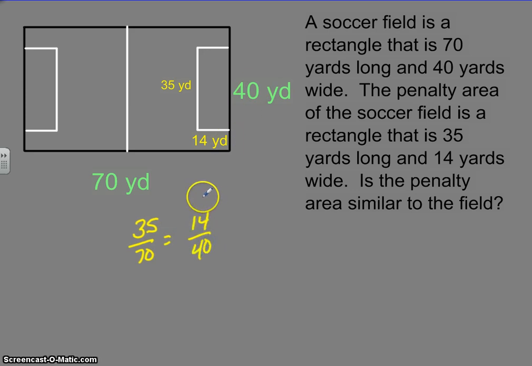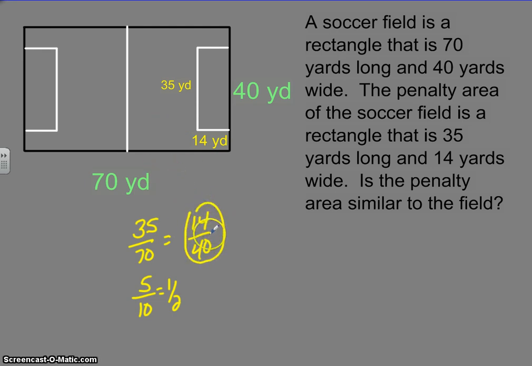Now, if they're similar, those ratios are going to be equal. So what I have to do is see if they're similar. I'm going to reduce by 7, and that's going to be 5. Well, I can reduce by more than that. That's going to be 5/10. I can reduce by 5. I should have seen that. That's 1/2. Okay, does this look like it's 1/2 at all?